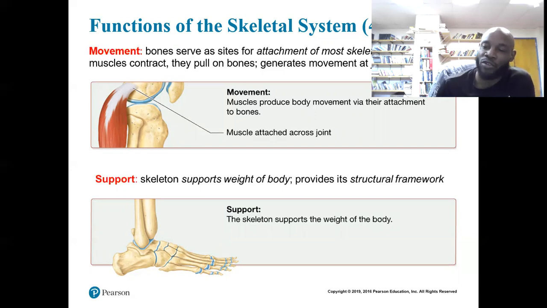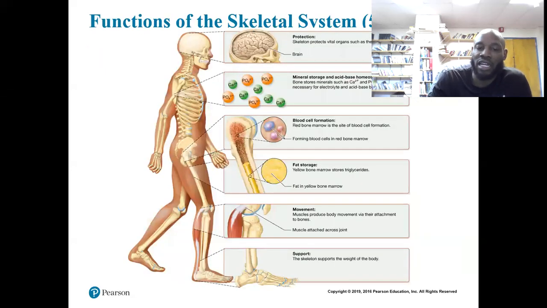It provides a framework for the body, sort of like when you put up a wall, you put up 2x4s and nail them together and create this structure, and then you attach the drywall to that structure. That's sort of the structure that would be your bones. And that's a diagram putting all those together. So protection, mineral storage, blood cell formation, fat storage, movement, and support are all functions of the skeletal system.